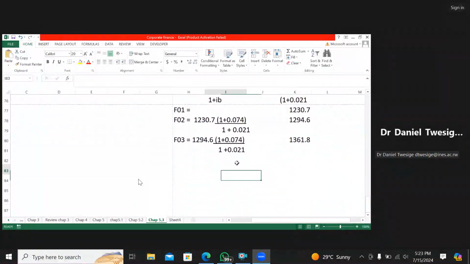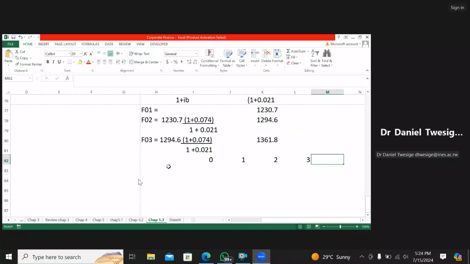Now, if you look at our investment appraisal, we are now analyzing. We have year 0, year 1, year 2, year 3. Our cash flows, we can copy.